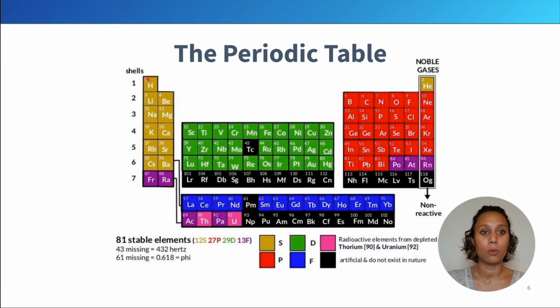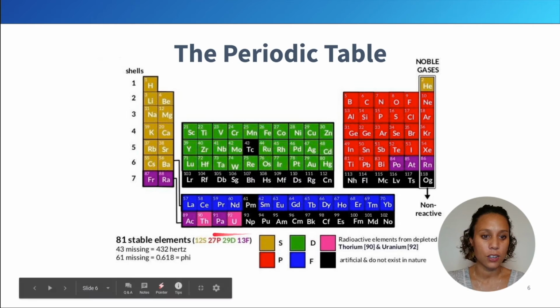So 1 means just 1 electron and 1 proton. Then 2 means 2 electrons and 2 protons, 3, 4, and so on. And these go through different shells. What's important to notice is that there are actually 81 stable elements when we take out 43 and 61. I talked about this in another broadcast.